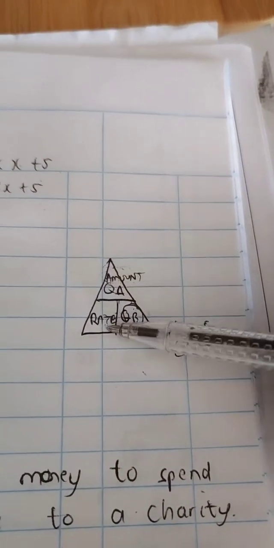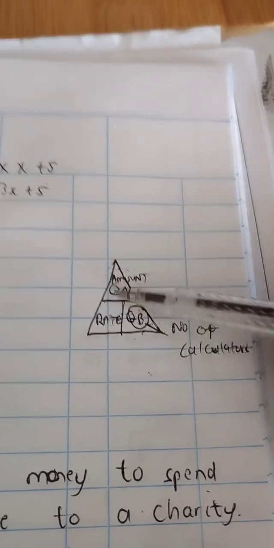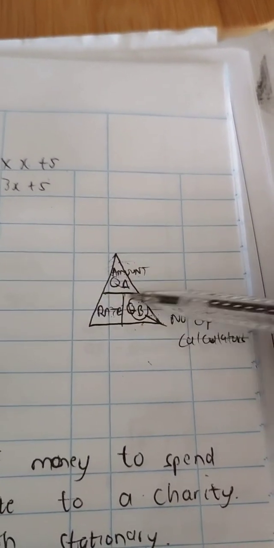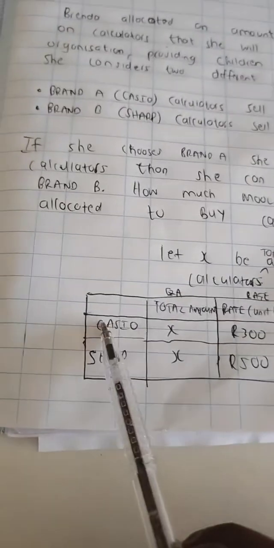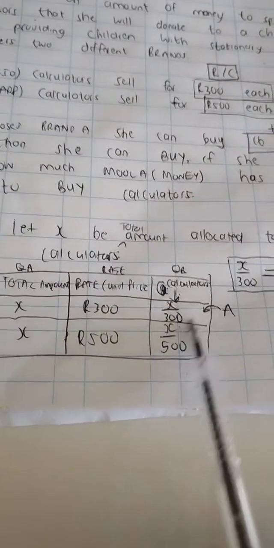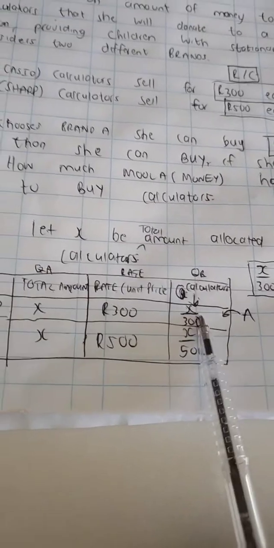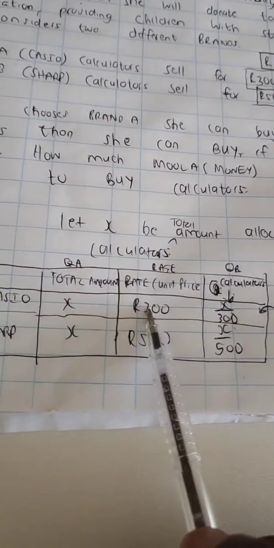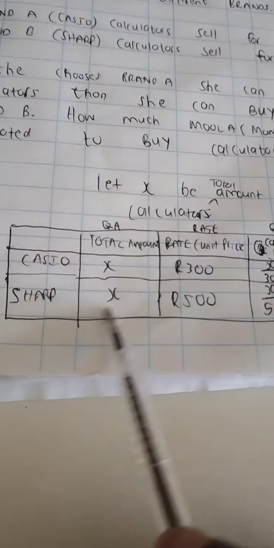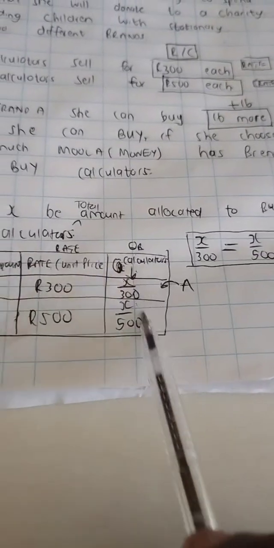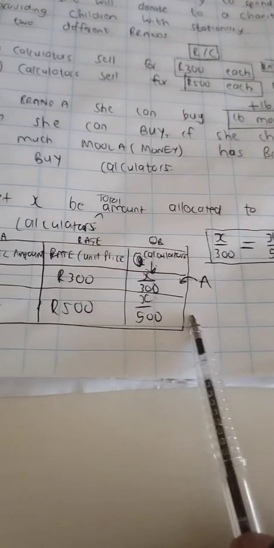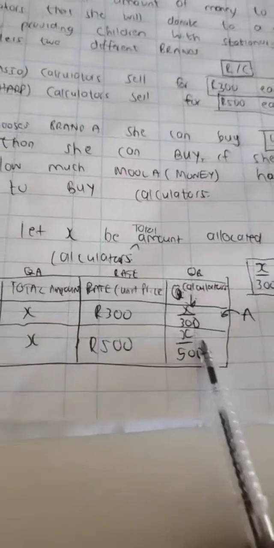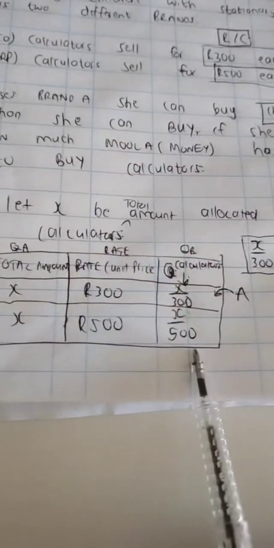The relationship between the total amount and the rate is one of division: the total amount divided by the rate gives us the quantity. So for the Sharp calculator, the quantity is the total amount divided by 300, and for the Casio calculator, the total amount divided by 500.